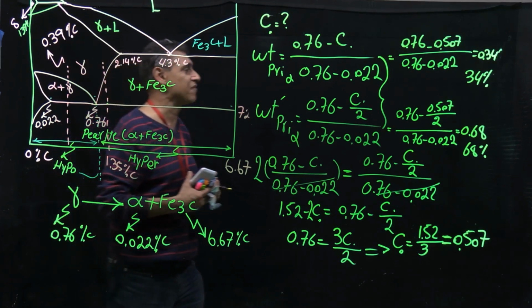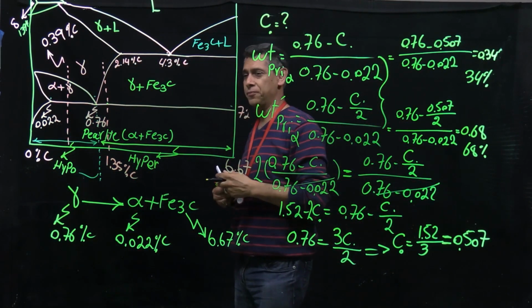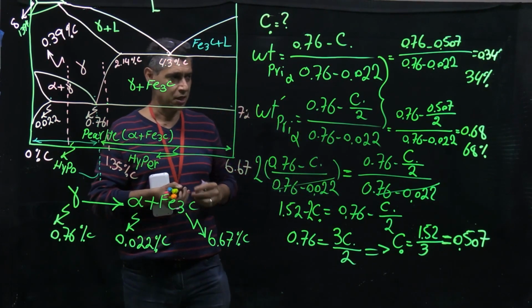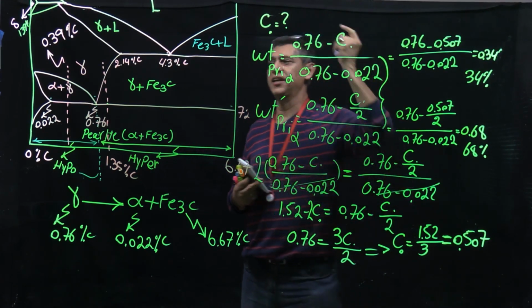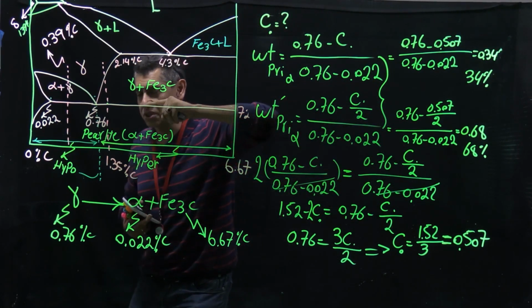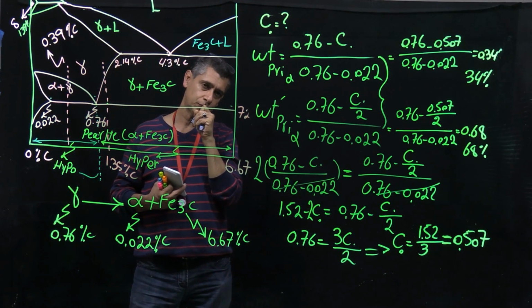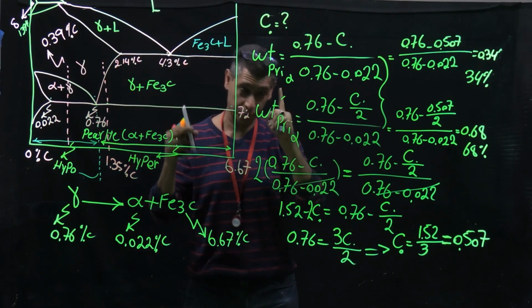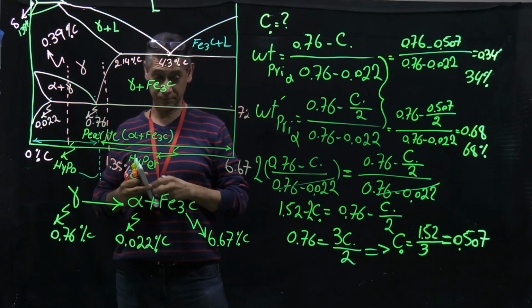Does this question have another answer? Is there another scenario? Yes. If you read that question, it says what is the carbon content of an alloy in which by reducing the carbon content to half, the amount of primary phase doubles? It doesn't say same primary phase.